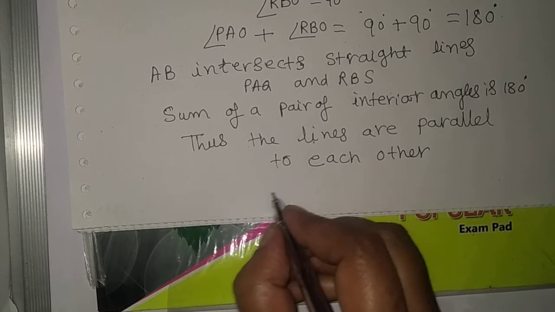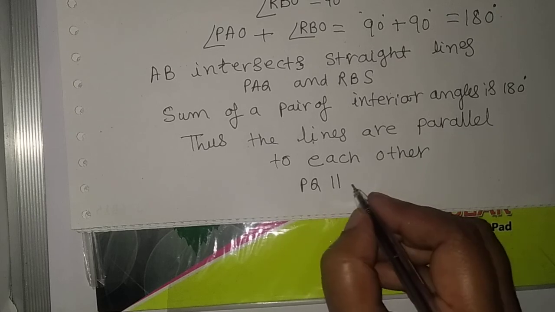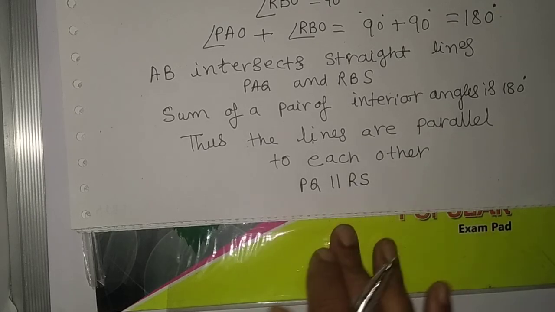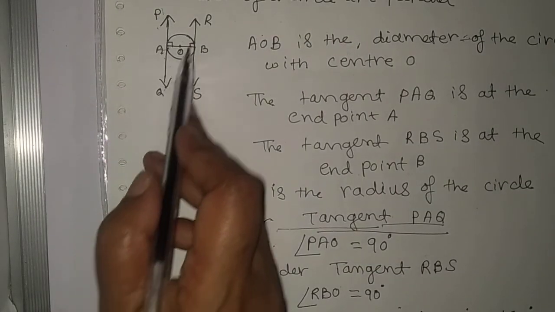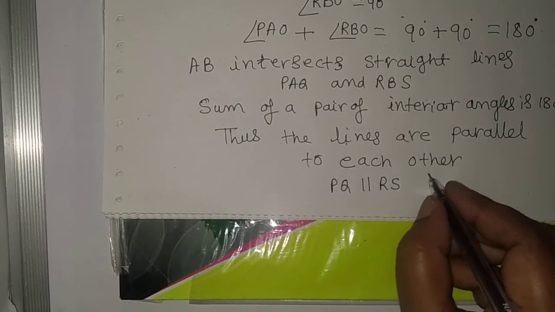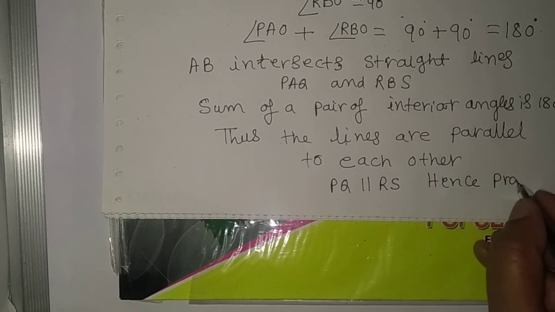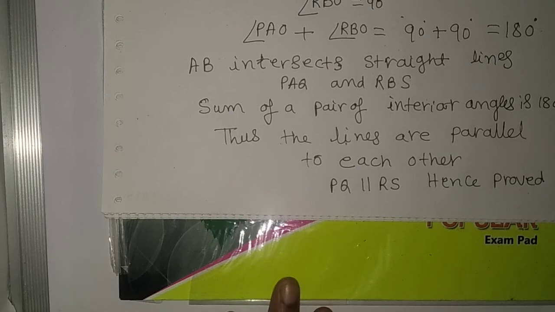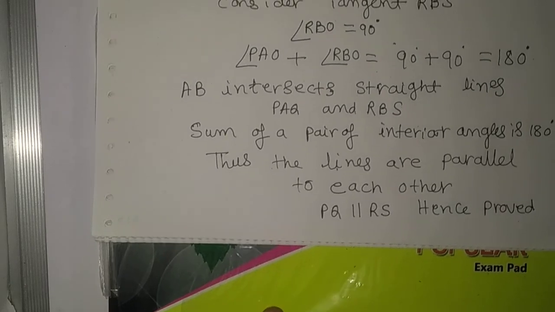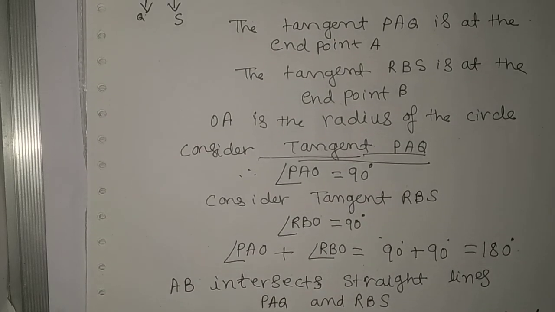Therefore, we can write as finally PQ is parallel to RS. So this line PQ is parallel to RS. So hence proved. So we have to prove that only these two tangents are parallel. So hence proved. So this is the solution for the first 4 problems in the exercise 4.2.